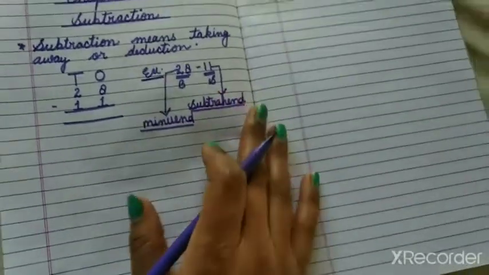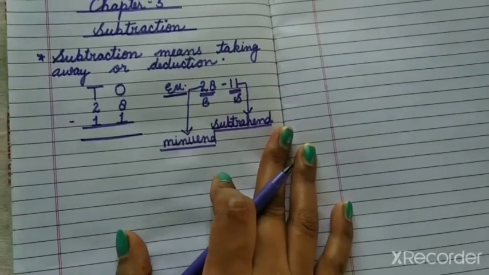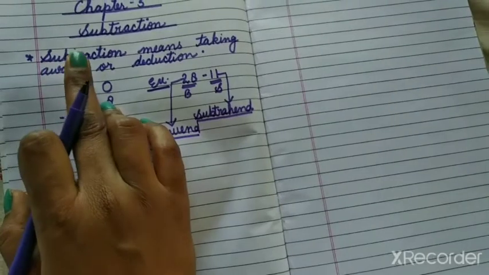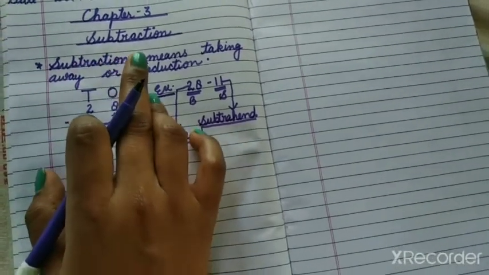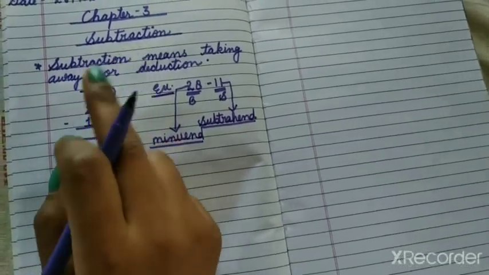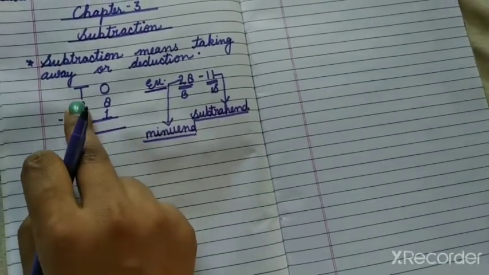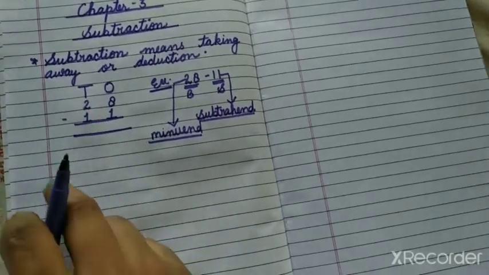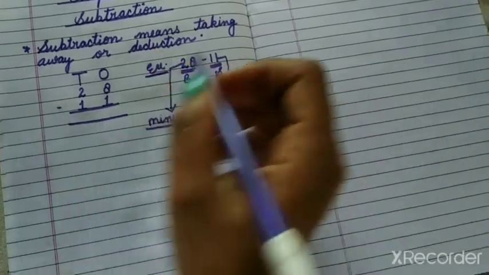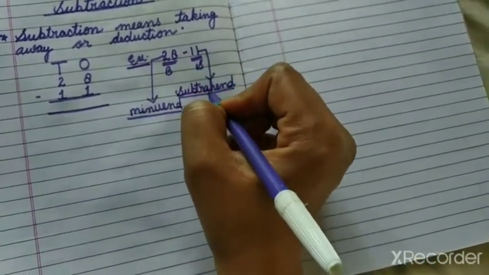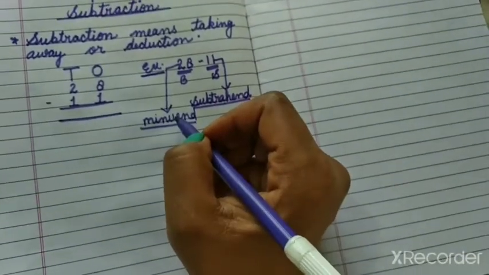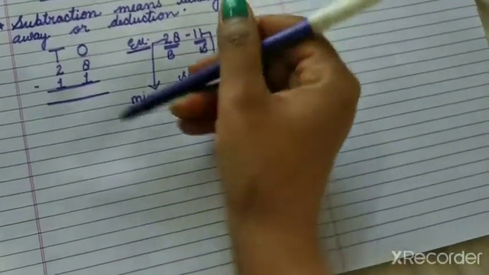I hope till here clear each and everything. What is a subtraction? Subtraction means taking away or deduction. Okay. We always subtract a smaller number from a bigger number. And the answer we get, it is called difference. The smaller number is called a subtrahend and the bigger number is called minuend. Clear? So let's do solution.